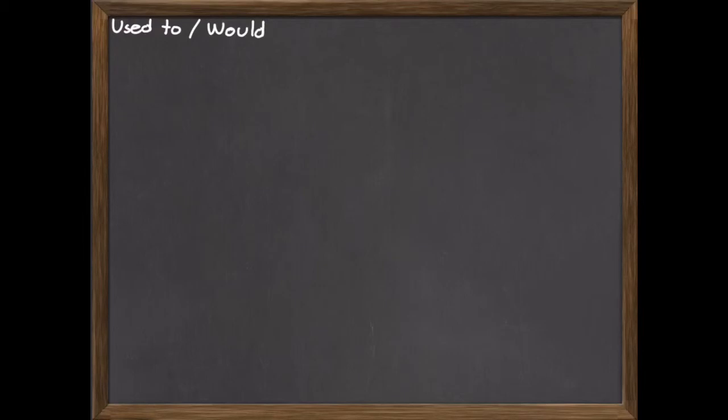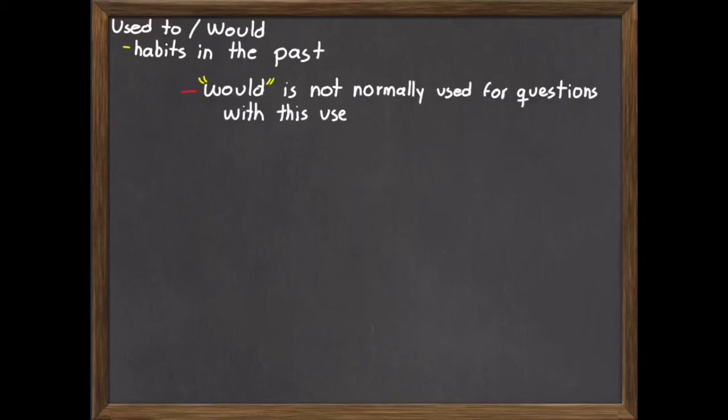Now let's look at how to use used to and would for past habits. Now, used to and would are used to talk about habits in the past or habitual actions, specifically habitual actions. Would is not normally used for questions though. When you're talking about habits or habitual actions, you would not use would.